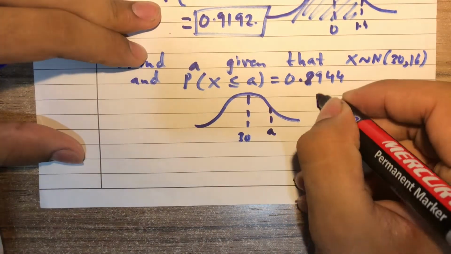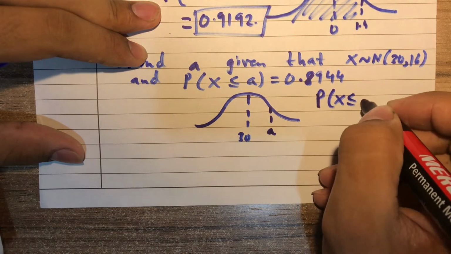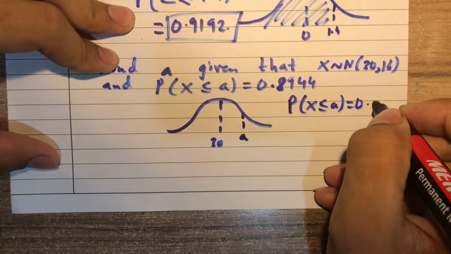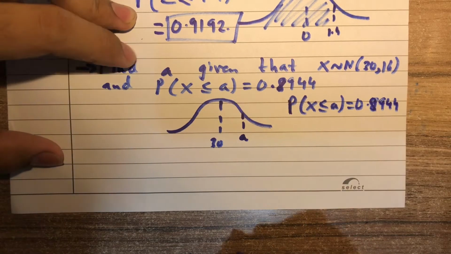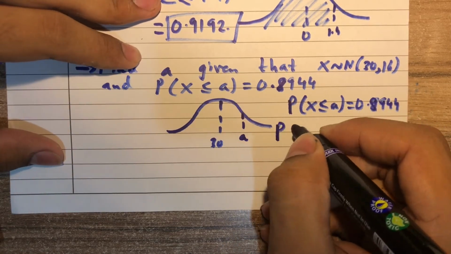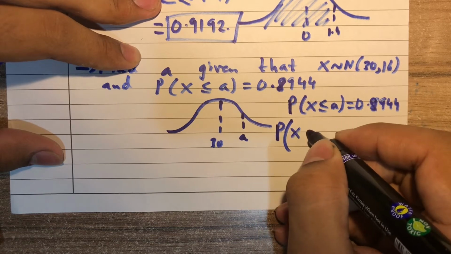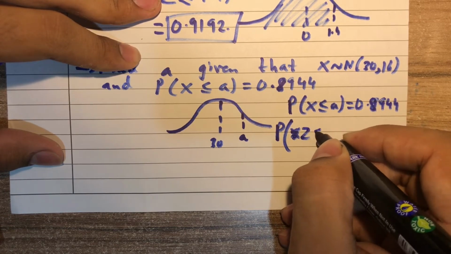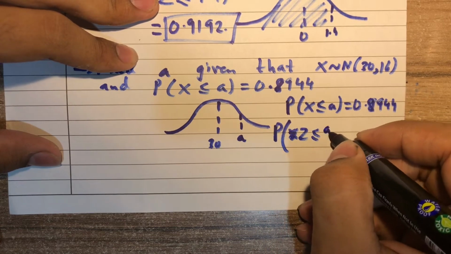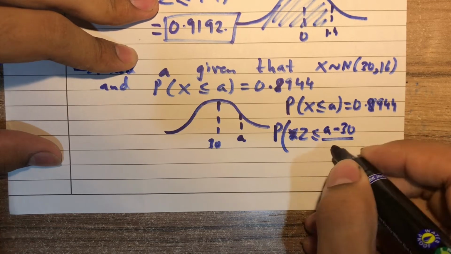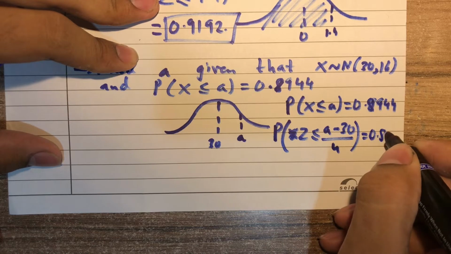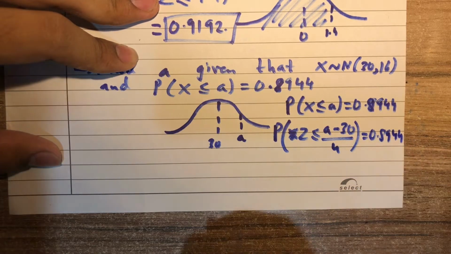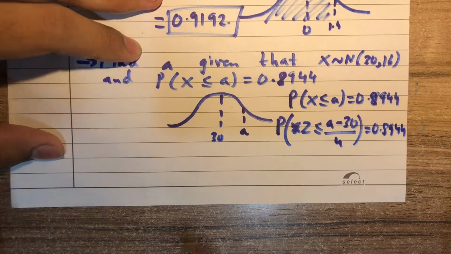So what we know is that probability of x less than or equal to A is equal to 0.8944. Now if we convert it to a standard normal distribution, so z is less than or equal to (A minus 30) upon root 16, which is 4, equals 0.8944, right?